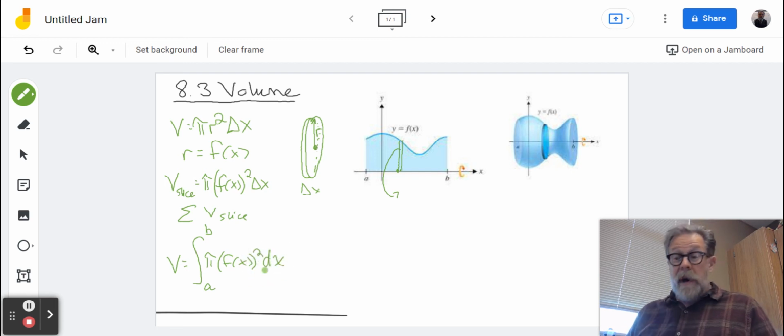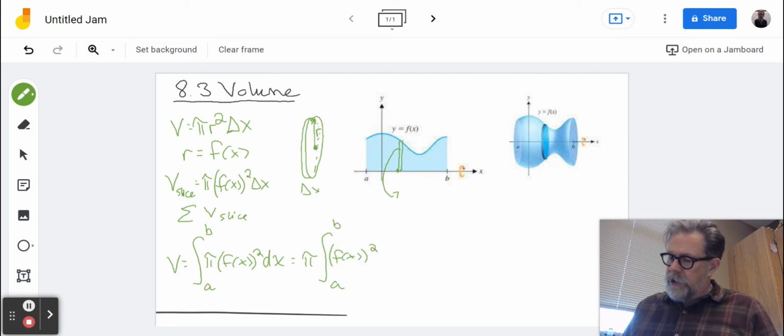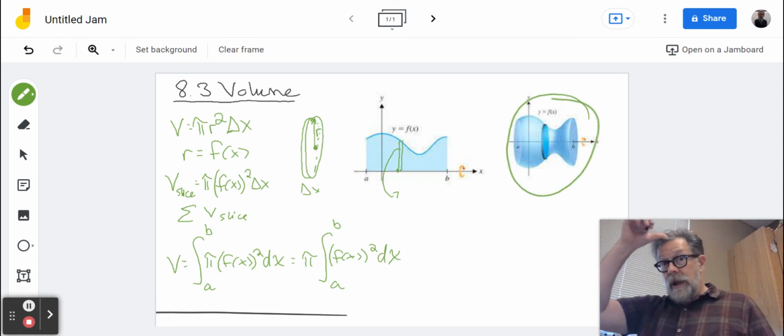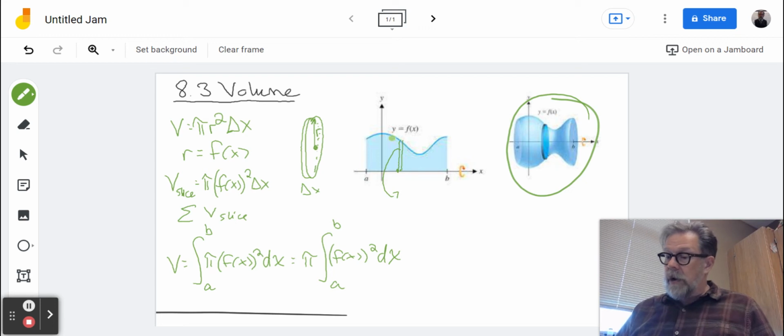We know that we can pull the pi out front if it's convenient for us, or we can leave it in if it doesn't matter. But what we've got now is that the volume of this shape that we have off to the right is just the integral of this circular rotation, starting at the left and going to the right.